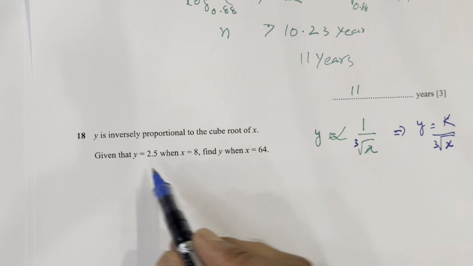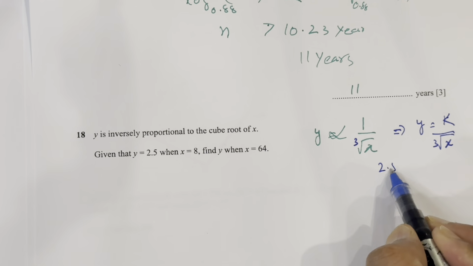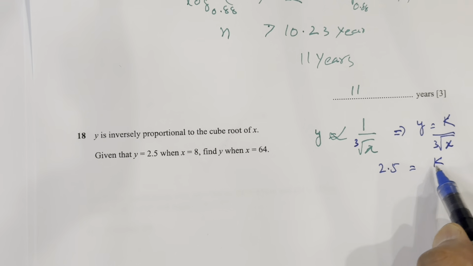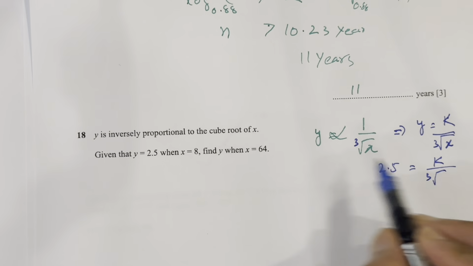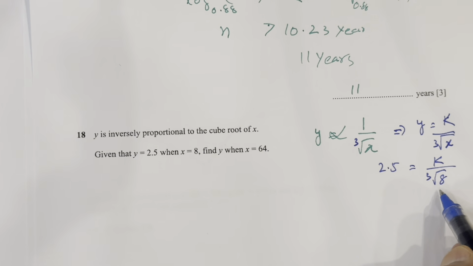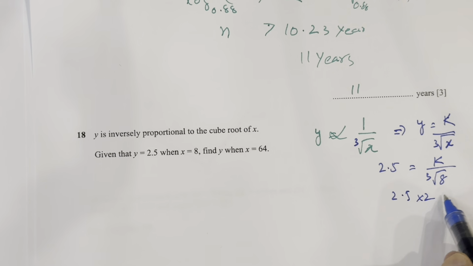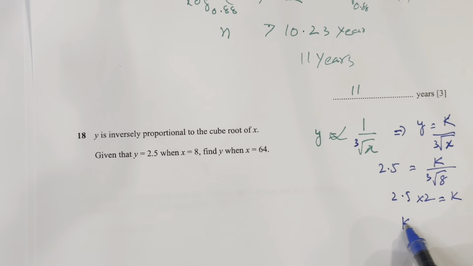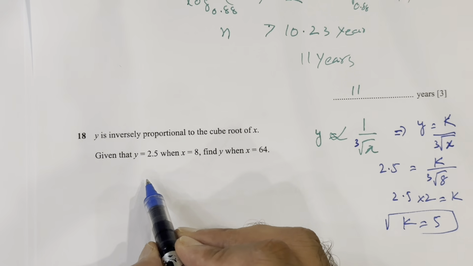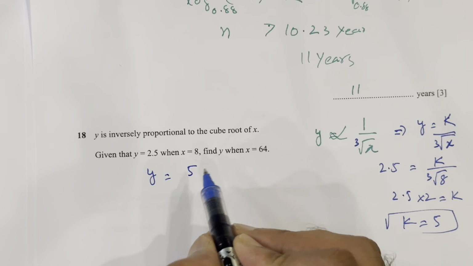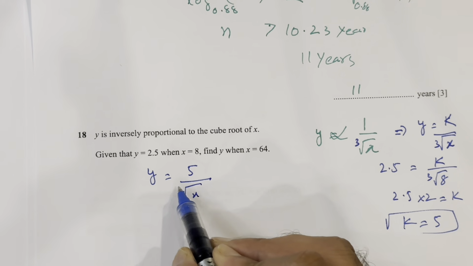We know that when the value of y is 2.5, the value of x is 8, the cube root of 8 is 2, so 2.5 multiplied by 2, the value of k would be 5. So our equation would be like that: y is equal to 5 over cube root of x.